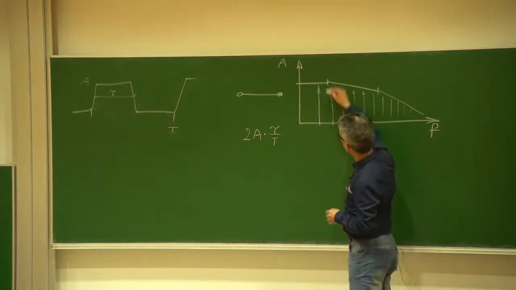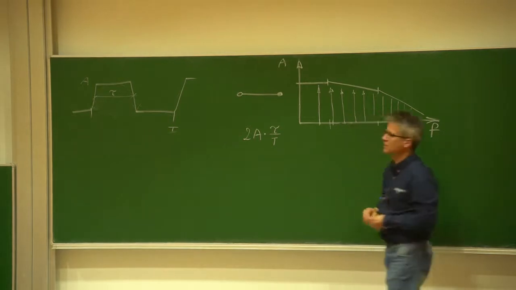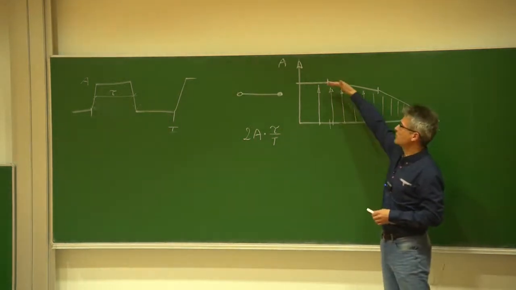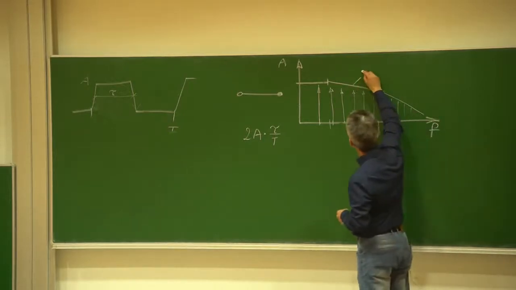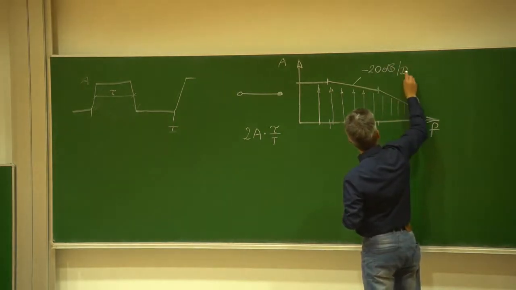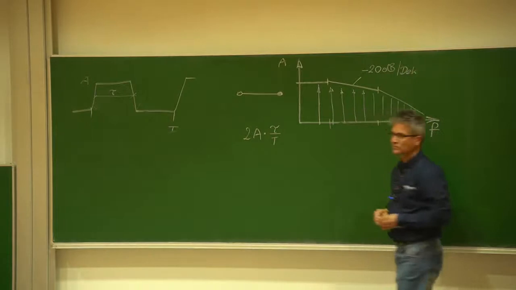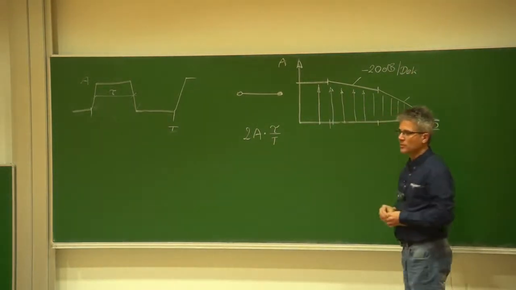And then we have one frequency position that is here, and another frequency position that is there, where these spectral components are falling down at a certain rate. In this range, they are falling down by minus 20 dB per decade. And here they are then falling down with an additional minus 20 dB.